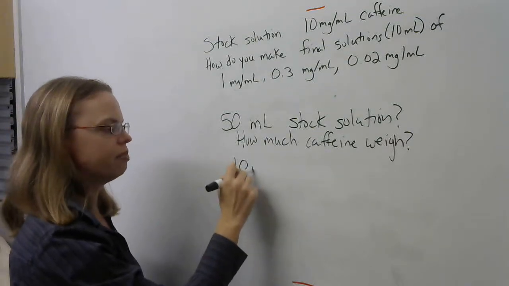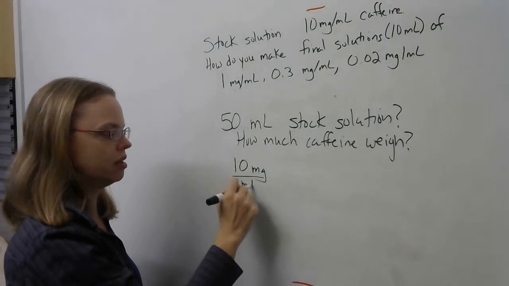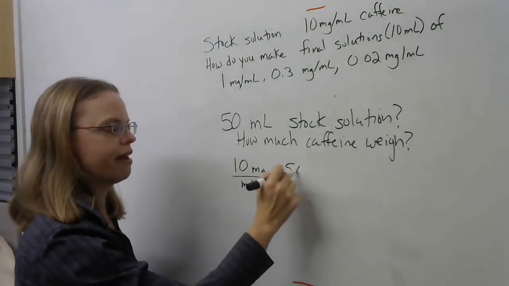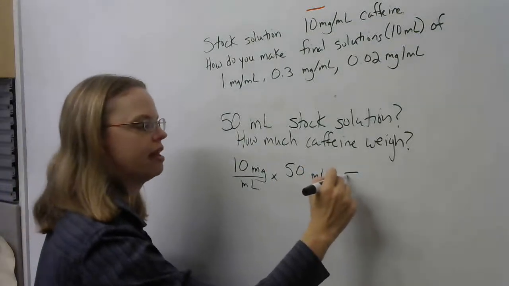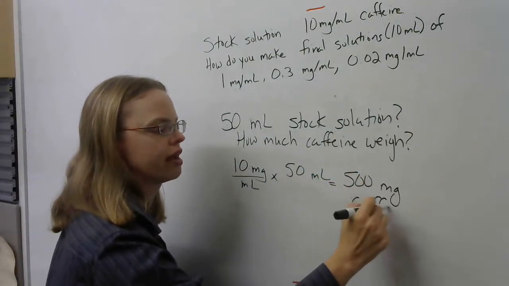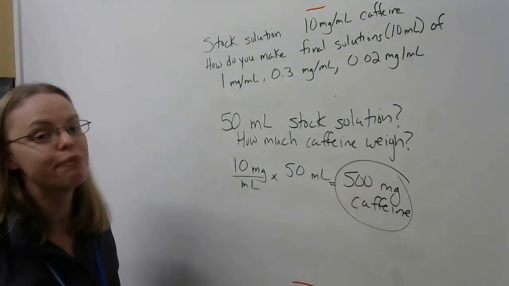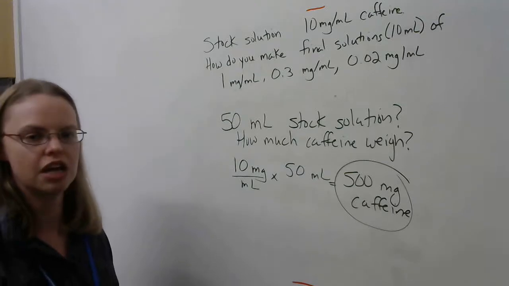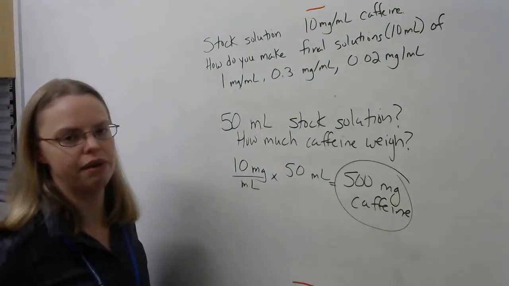I want to make a 10 mg per mL solution, and I want to make 50 milliliters of it. 50 times 10 is 500, so I need to weigh out 500 milligrams of caffeine. It's really simple to get the amount we needed to weigh out to make that stock solution. Don't need any molecular weight if we're working in milligrams per milliliter.